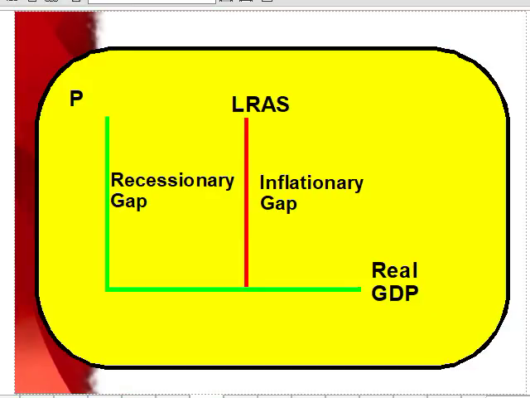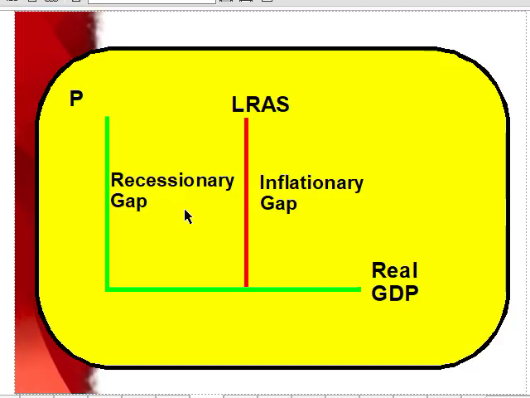If we add the LRAS, we're going to get something different. So remember that the LRAS means everybody has a job. It's full employment. If we're to the left of LRAS, if we're over here, we have what we call a recessionary gap. Might not be a recession.